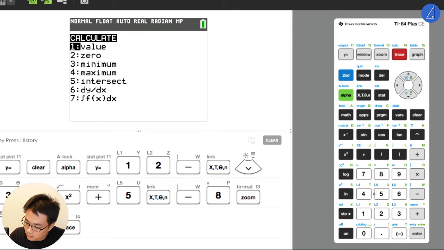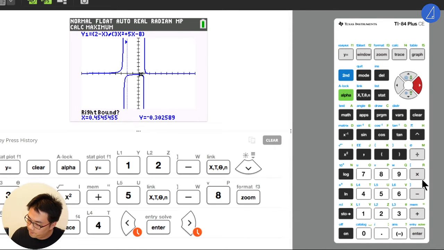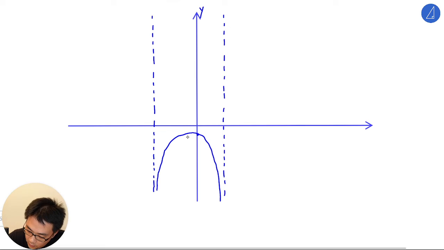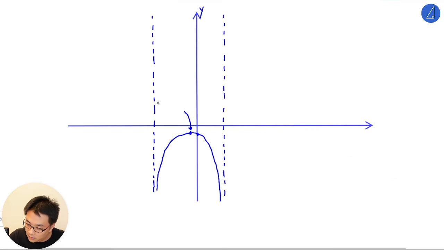Calculate. Negative 0.160. Okay, they don't need the maximum point, but it's good to just know where it is. They don't need it, so it's not part of the answer because they never asked for it.